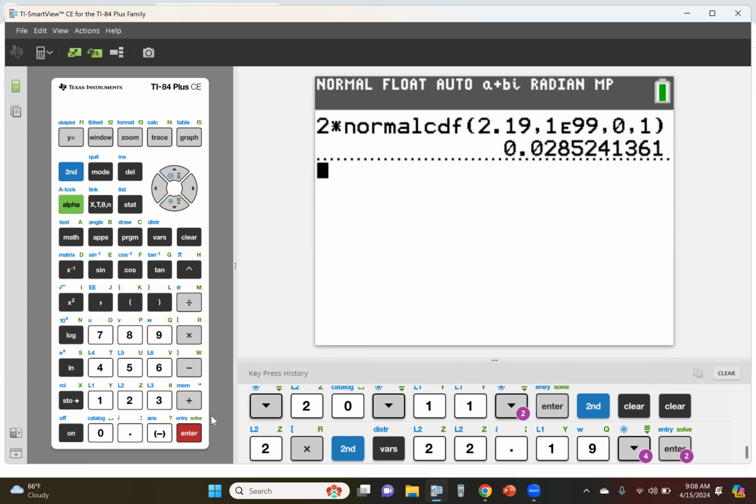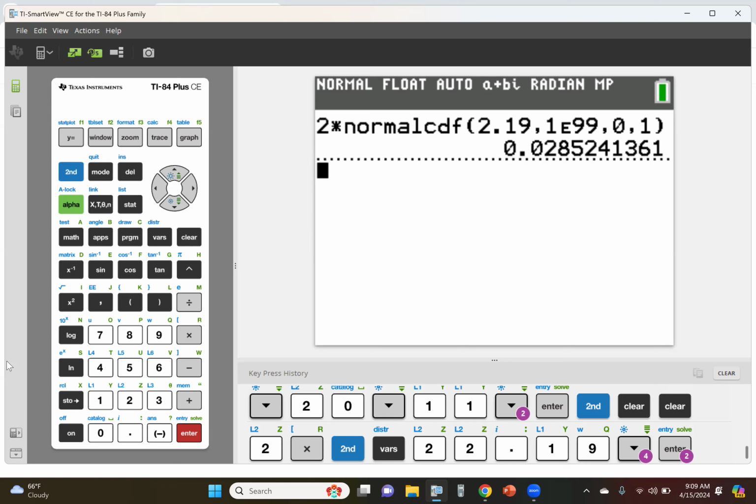The second question says, problem 14 says, you're performing a two-tailed test. If alpha is 0.05 and the test statistic is negative 2.34, do you reject or fail to reject? So if it's a two-tailed test and the test statistic is negative 2.34, then you're going to look for the area under the curve to the left of that, and you're going to multiply that by 2.